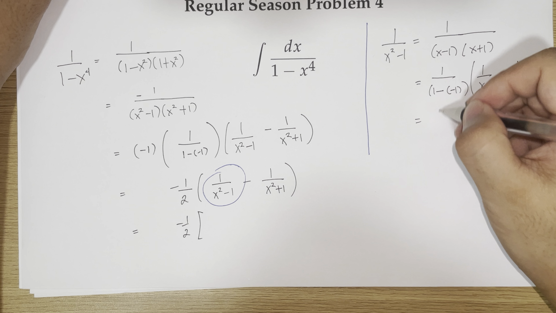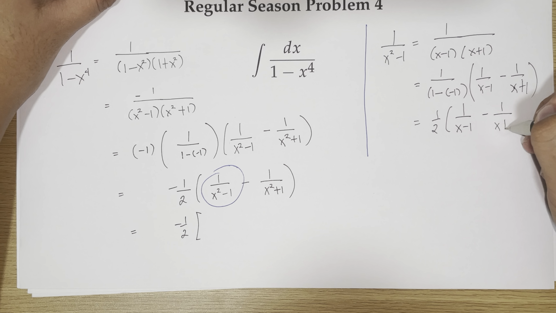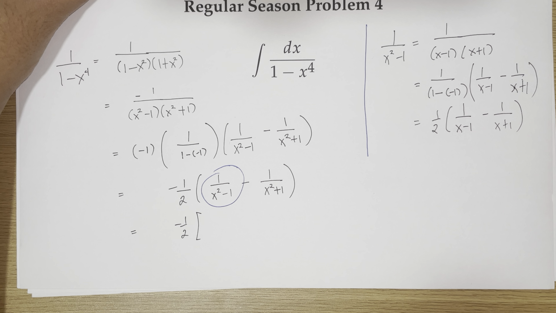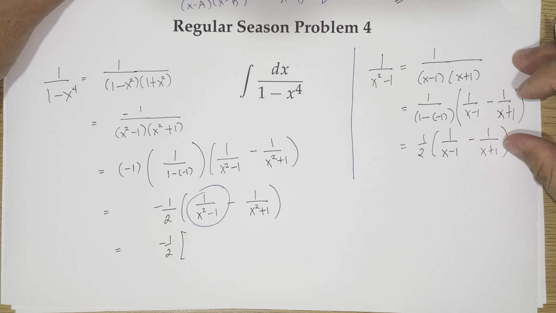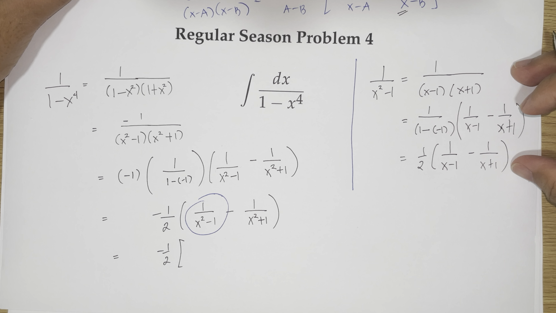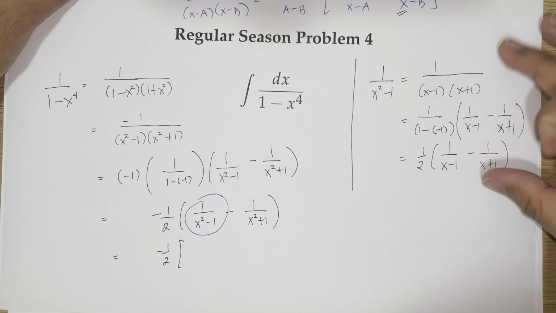So this is 1/2 of 1 over x minus 1 minus 1 over x plus 1. Why is this helpful? It eliminates the need for the normal partial fraction decomposition. This is a shortcut, which is just a byproduct of the normal method.